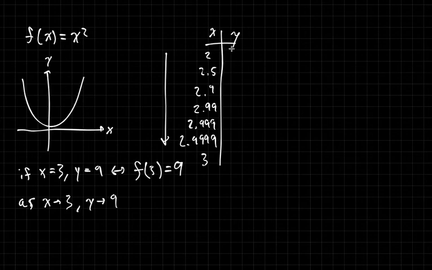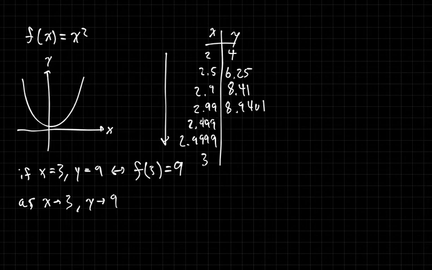So we can see, okay, if x is 2, then y is 4. If x is 2.5, y is 6.25. If x is 2.9, it turns out y would be 8.41. If x is 2.99, y would be 8.9401.